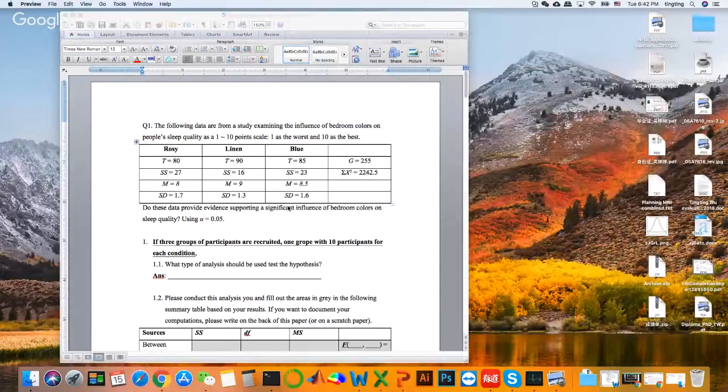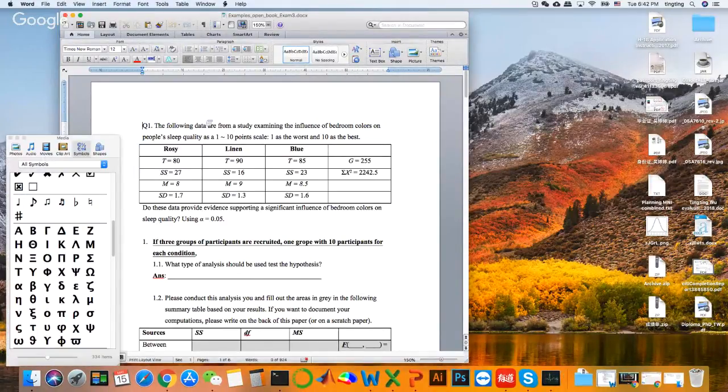Here is the first question. So let's read the question first, right? The following data are from the study examining the influence of bedroom colors on people's sleep quality on a 1 to 10 point scale. So this is the data. You can see here the influence of bedroom colors.